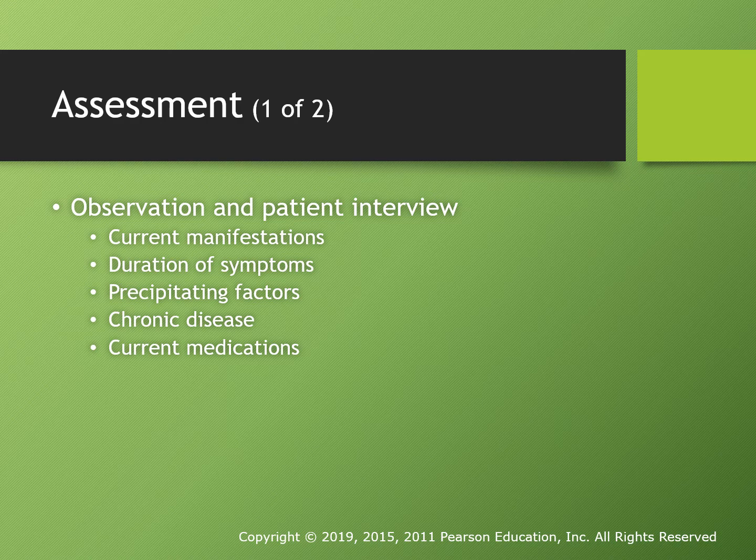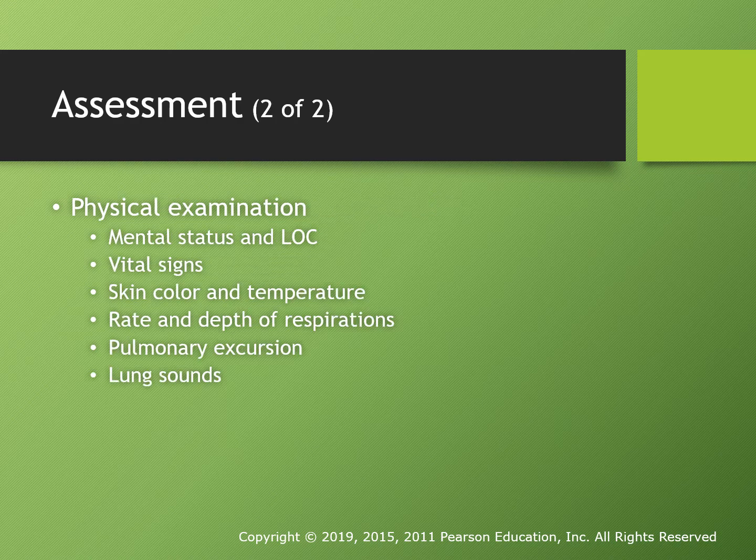Ask the patient about current manifestations such as headache, irritability, lethargy, difficulty thinking, blurred vision, other symptoms, duration of symptoms, and any precipitating factors such as drug use or respiratory infection, chronic diseases such as cystic fibrosis, and you see those in children, or COPD, and current medications, and smoking. I'm really surprised that they didn't list smoking here.